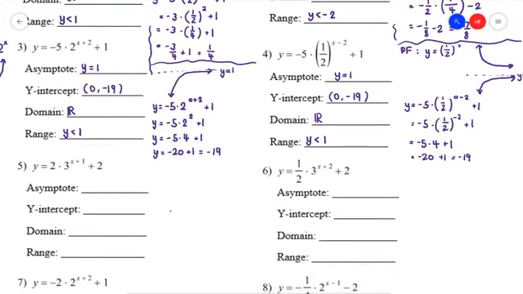So these functions had the same transformations on them for the stretch and for the up-down movement, but one of them will be shifted to the left, one of them is shifted to the right, and one was originally a growth and one was originally a decay.